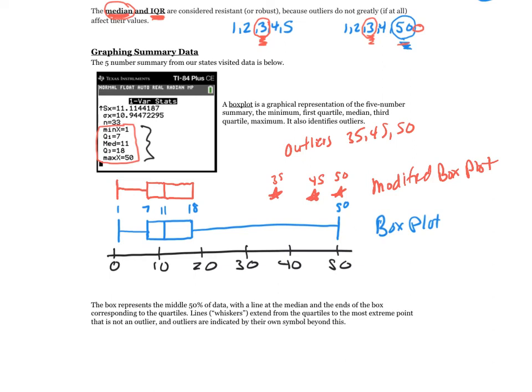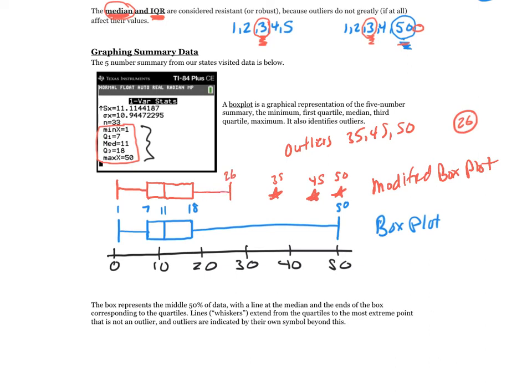And you can make any symbol you want. It could be a square, it could be an asterisk, however you want to mark them. But we would mark the outliers with symbols like that. And then the first piece of data that's not an outlier, which I looked back and it was at 26, was the next number. At 26, that is where I would draw the upper whisker. Okay?